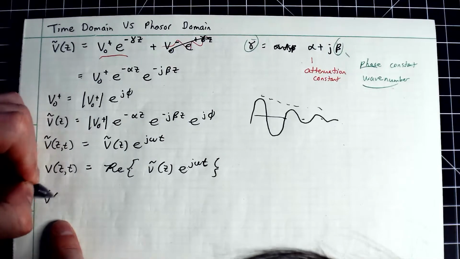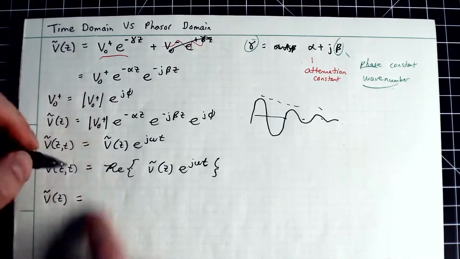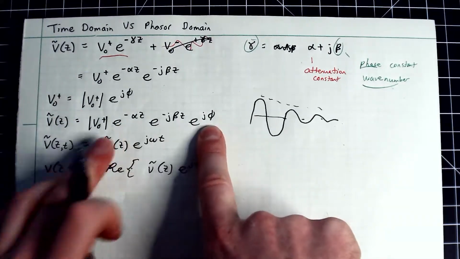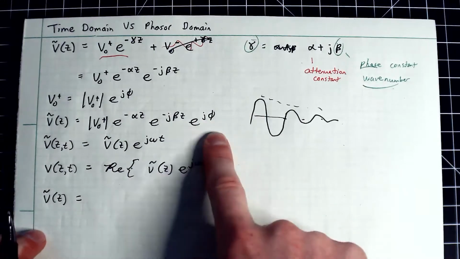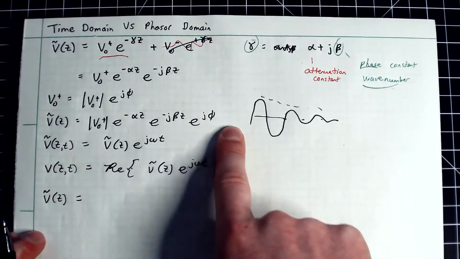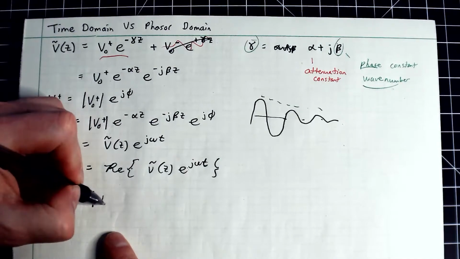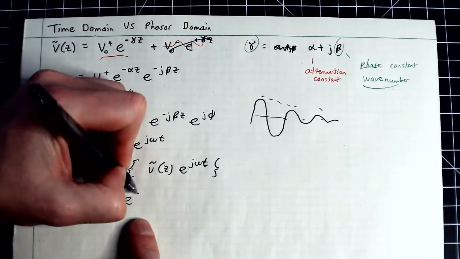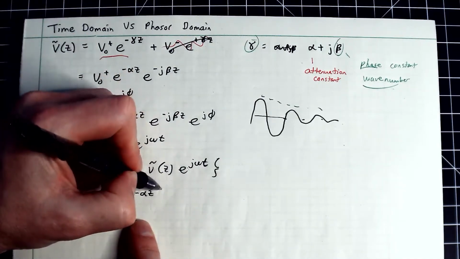So I have v tilde of z equal to, I'm just going to write all this out. Every time I see a complex exponential, I'm going to put the cosine plus j sine term. So V naught plus e to the minus alpha z.